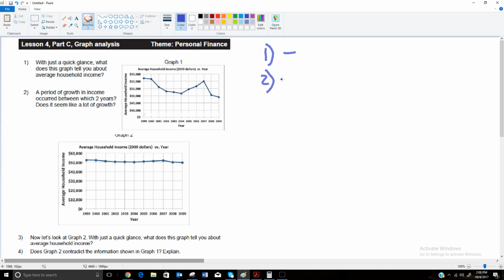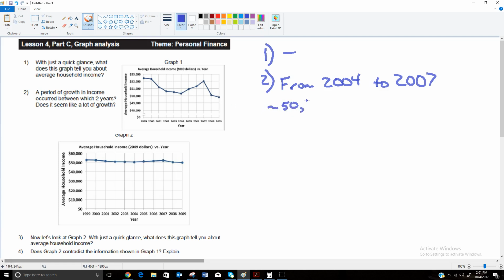Well, let's look at that. So from 2004 to 2007, it went from, we have to look at the scale and estimate this. So it was above 50,000, but below 51,000, but less than halfway. So maybe $50,300, something like that.